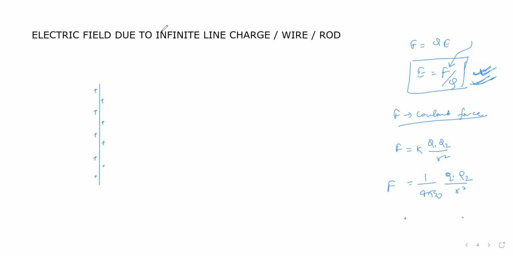Let's see here. This is your line charge, and we are going to draw the Gaussian surface first. What will be the shape of the Gaussian surface here?